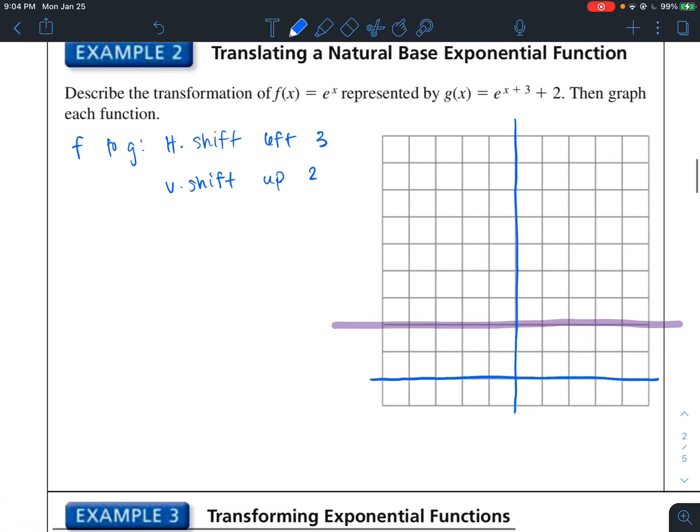So again, if we put x equals 0, here we get e to the 0, and that's equal to 1. So the function will hit right here, but we're moving it left 3 units. So 1, 2, 3, so our function will be right there instead.